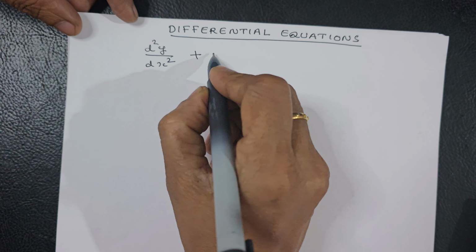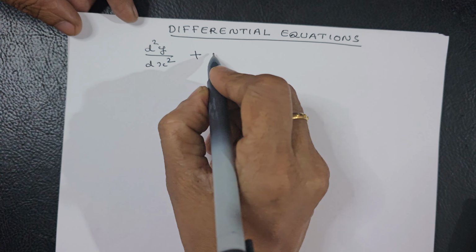There are three types. The first type of differential equation is the variables separable form. What is the variable separable form of a differential equation? A differential equation of the form dy by dx is equal to f of x times g of y, where f of x is a function of x alone and g of y is a function of y alone.